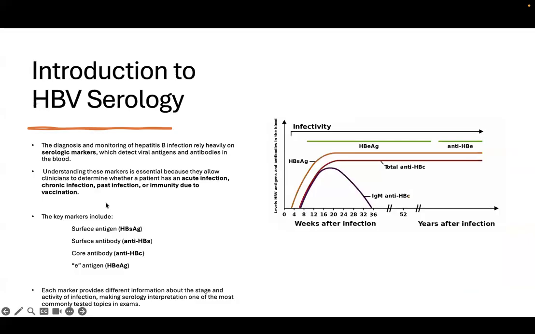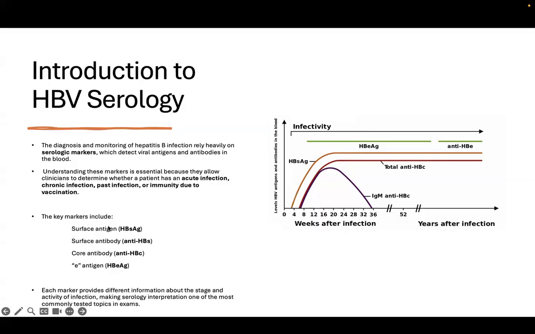So generally, when we have a patient in the clinic with hepatitis B virus, we look at the blood markers. The blood markers can tell us a lot. They can tell us if the person is acute, if the person has a chronic infection, has been vaccinated, or has been recovering from the hepatitis B virus. So we look at four main types of things in the blood.